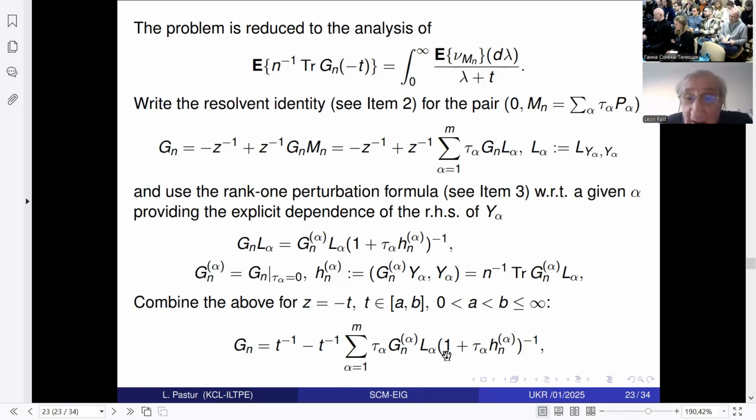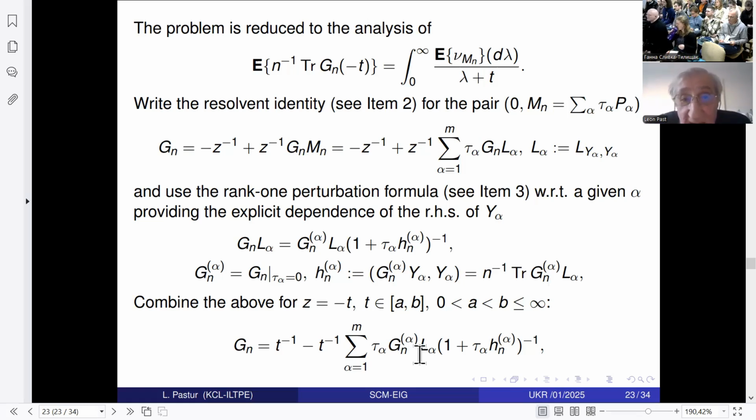I repeat, L alpha is just the rank 1 perturbation corresponding to the row number alpha. Our matrix Gn alpha is a resolvent in which this row is omitted, and you have the resolvent which you are looking for here. It is expressed via the resolvents in which in each of them we omit the term alpha.